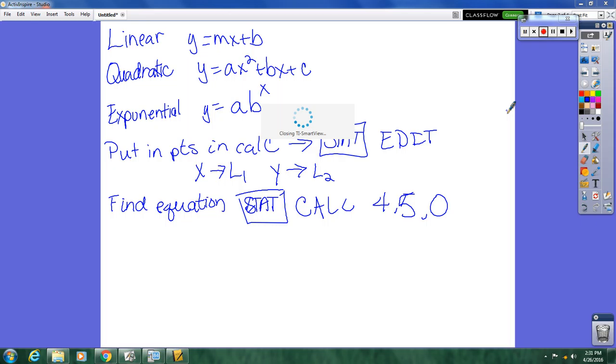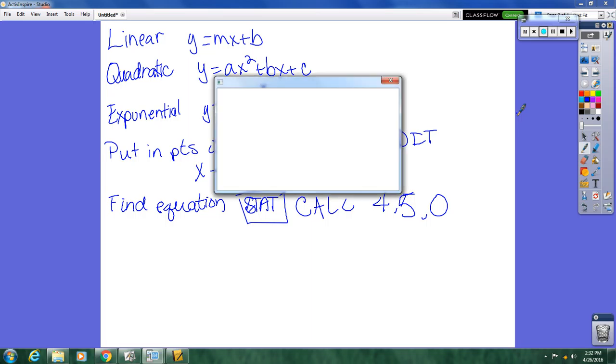Alright, go ahead and calculate a linear regression. So you're doing the stat calc 4. And then stop right there.